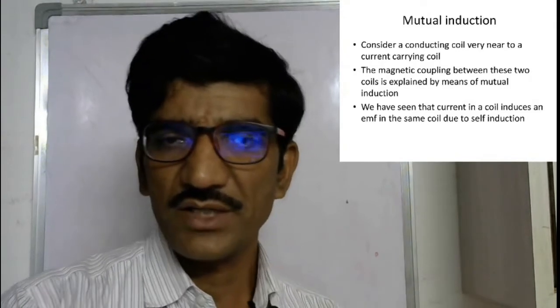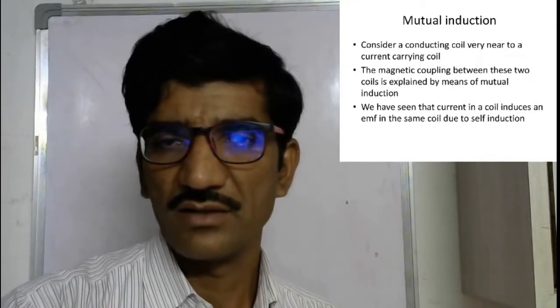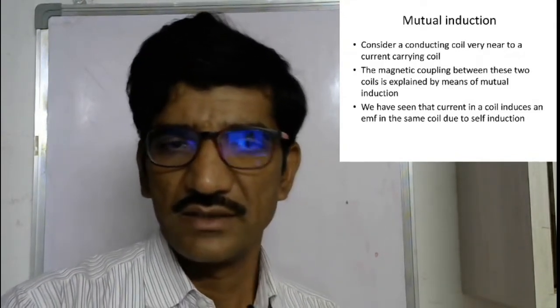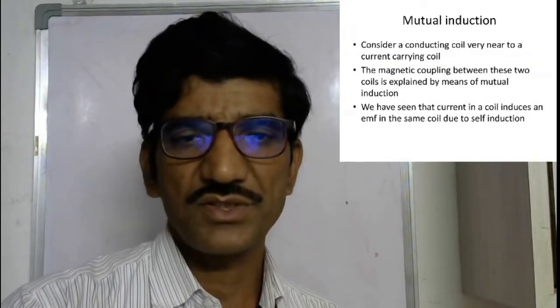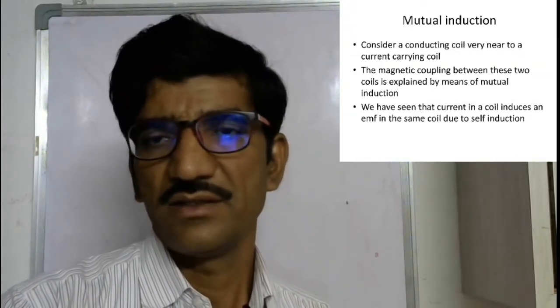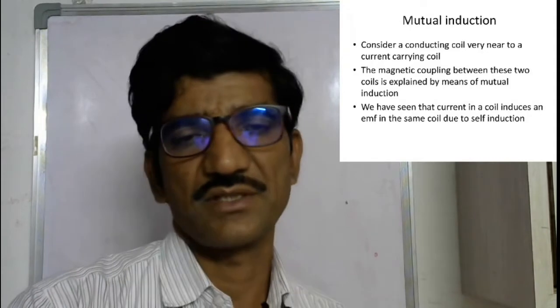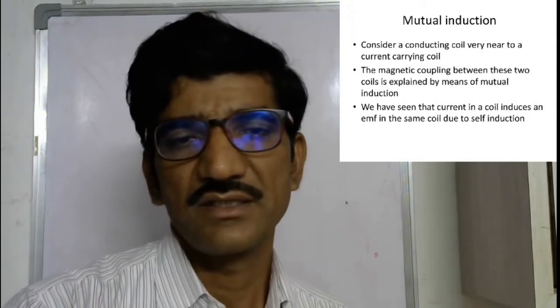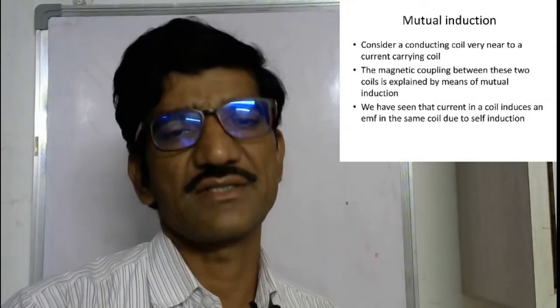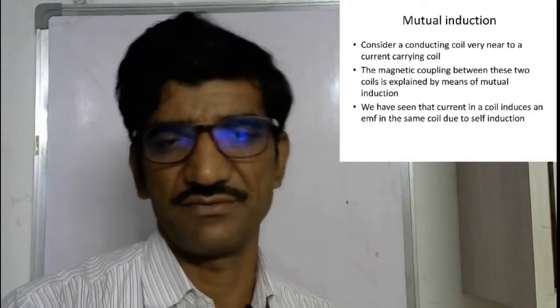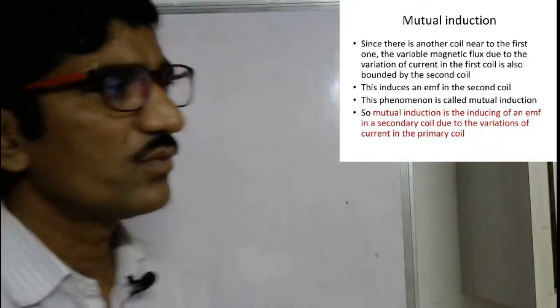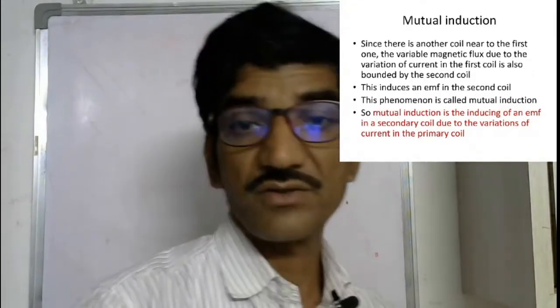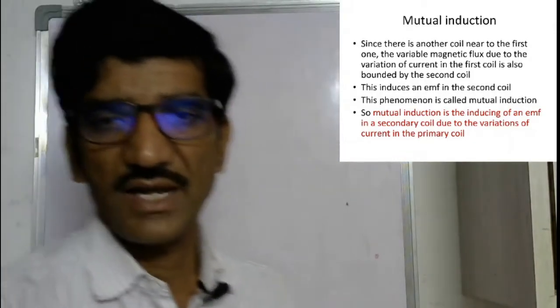We already know that current passing through a coil generates some self-induction in itself. Now we have one more coil in addition to the first current carrying coil.